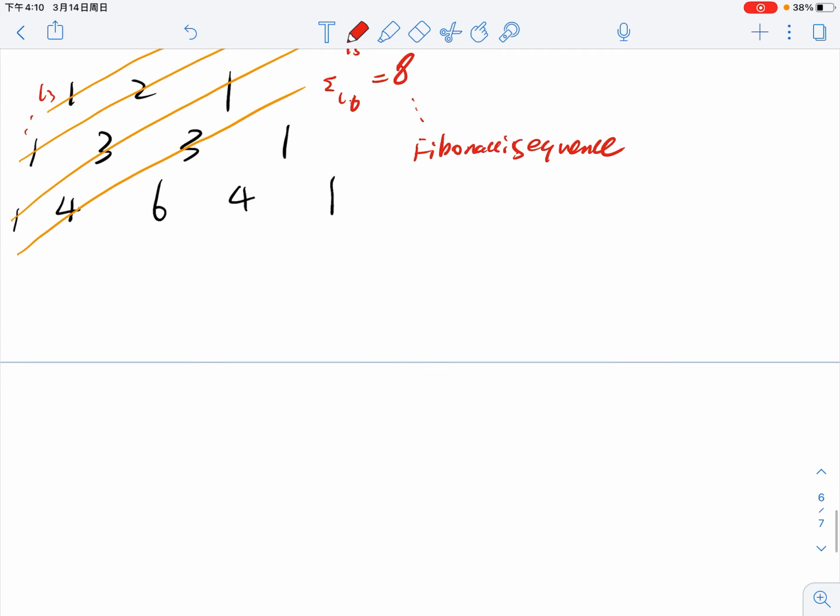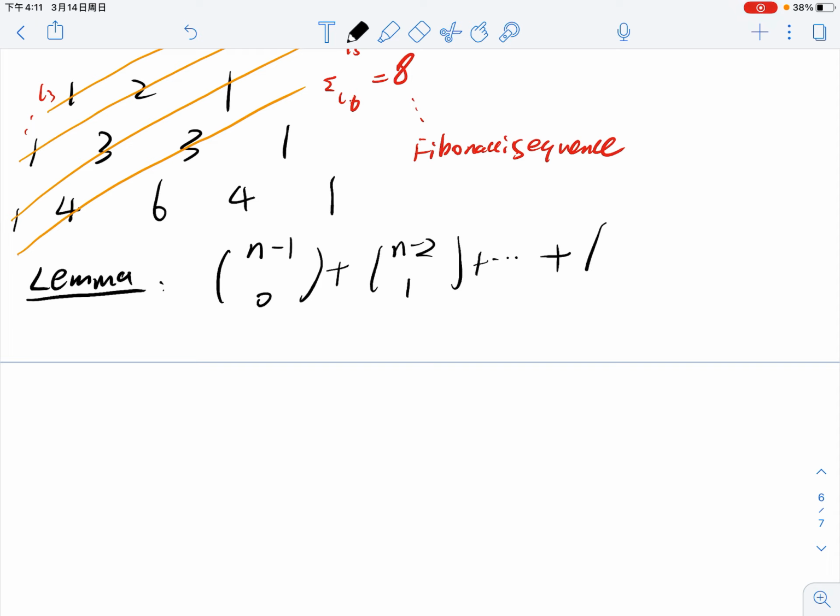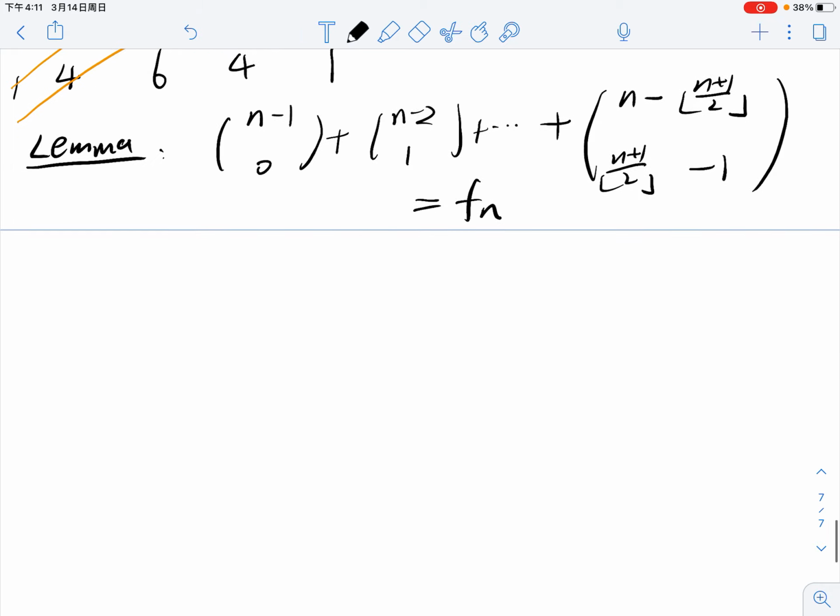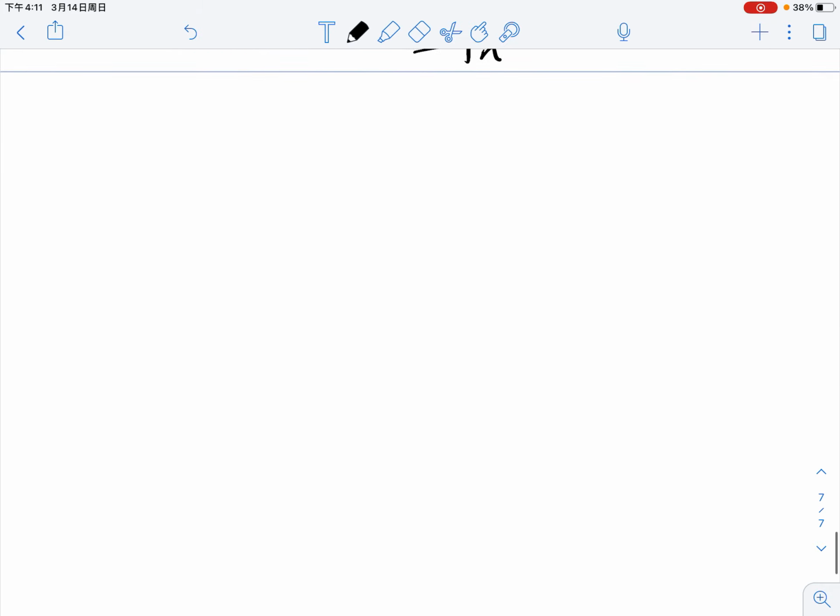And then if you write down the observation mathematically, there will be the summation of m minus 1 choose 0 plus m minus 2 choose 1 plus so on, all the way to m minus floor of (m plus 1 over 2) plus 1 choose floor of (m plus 1 over 2) minus 1, and this will be Fm. Fn is the Fibonacci sequence.